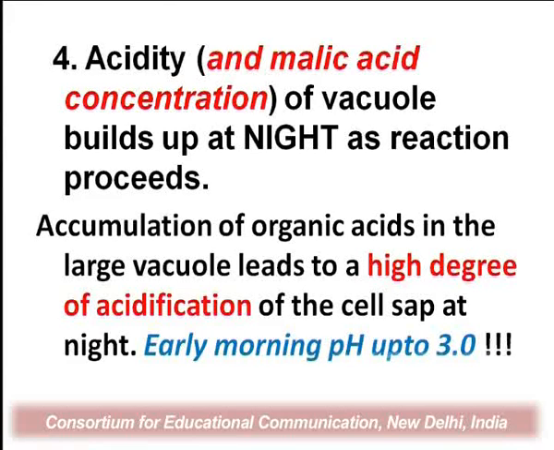So much is the degree of acidification that the early morning pH of the cell sap could be as much as 3, which is extremely acidic.